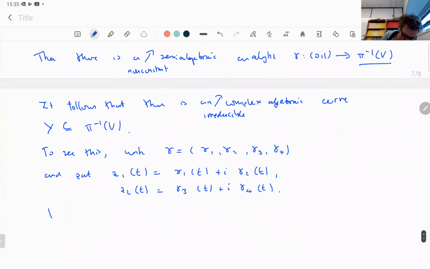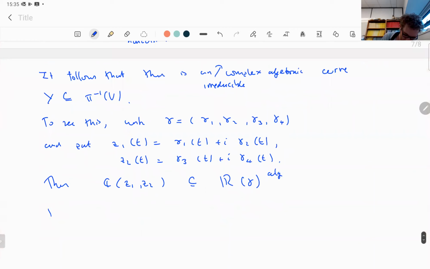Then these are algebraic over these. So C(z1, z2) is contained in the algebraic closure of R(gamma). Now R(gamma) has transcendence degree 1, and it follows that this does.